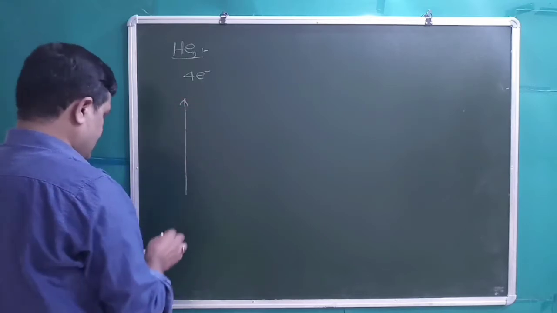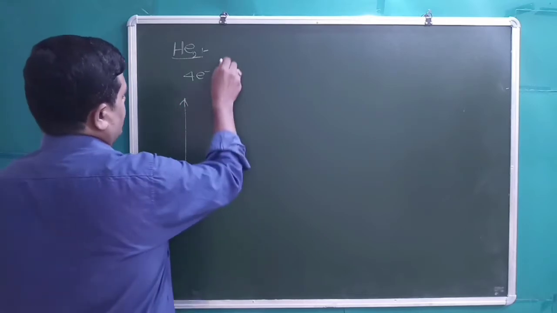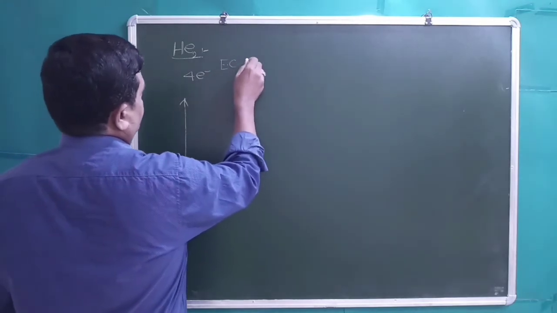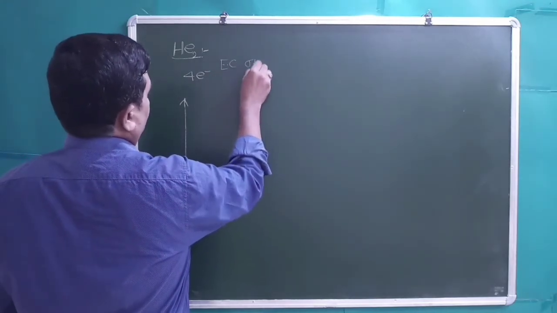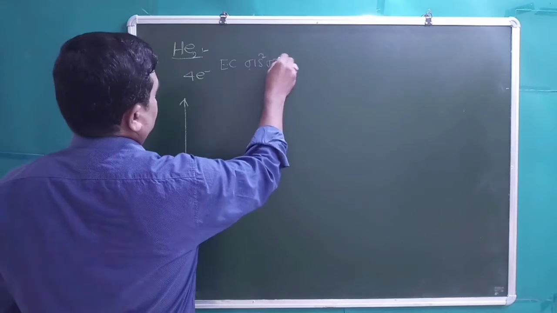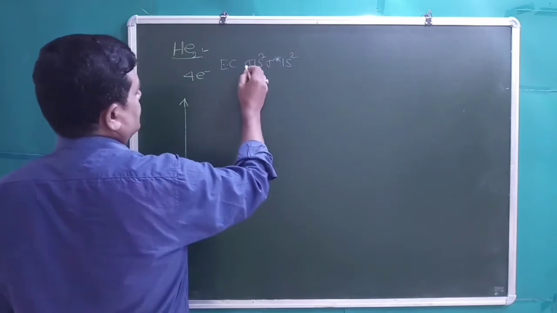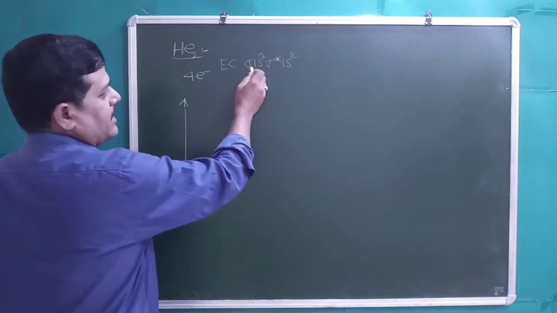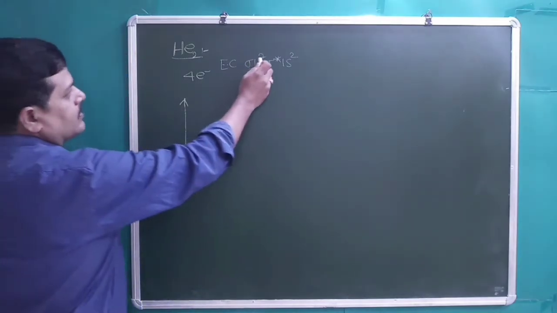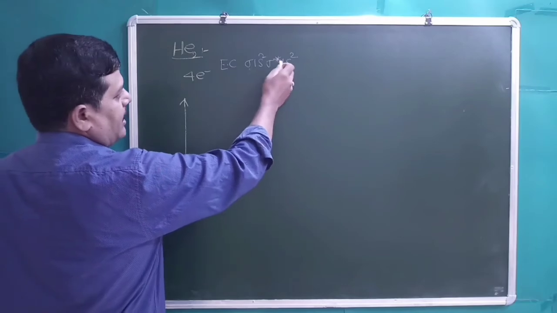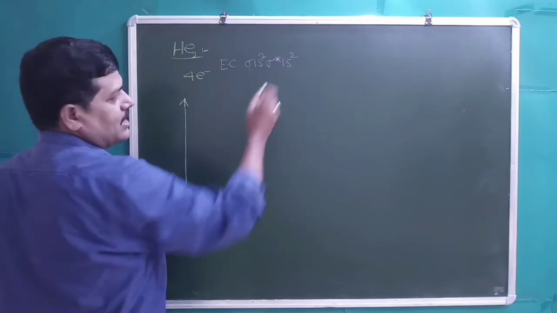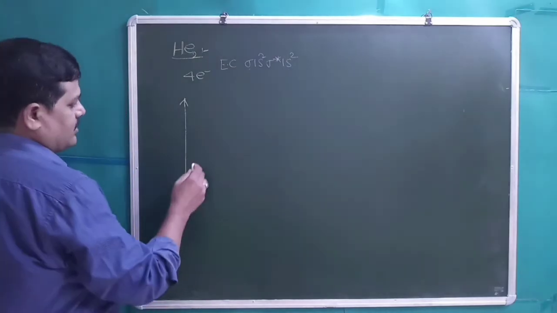First let us write the electronic configuration. Sigma 1s2, sigma star 1s2, both the electrons. This is sigma 1s, bonding molecular orbital contains 2 electrons, and anti-bonding molecular orbital also contains 2 electrons.